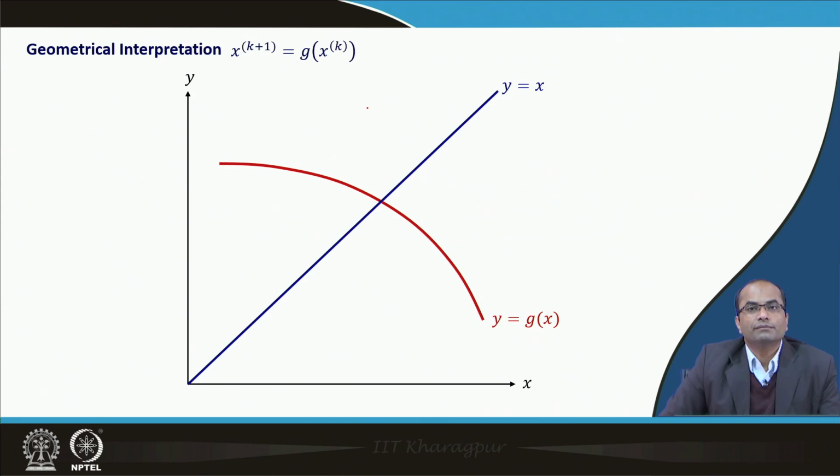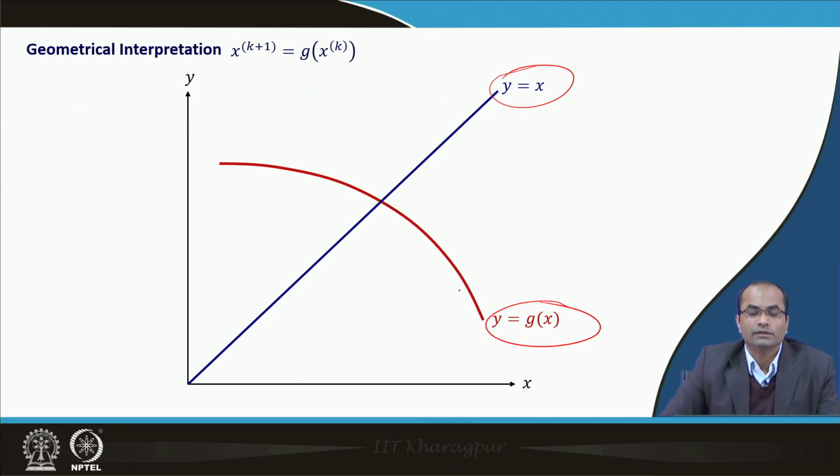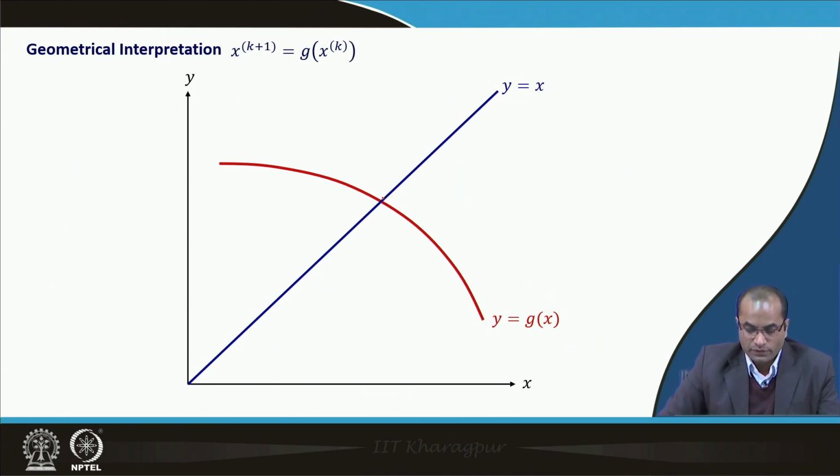Coming to the geometrical interpretation of this. We have the line y is equal to x, and we have y is equal to g x, the graph of this curve, and we look at where x is equal to g x. This point is the root, which we call alpha, and this is what we are looking for.